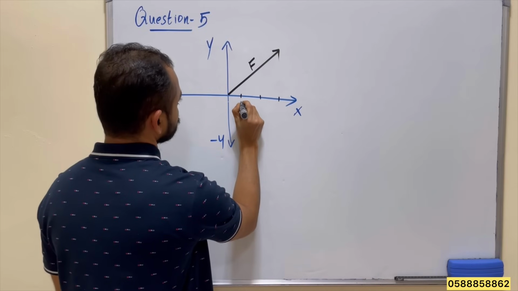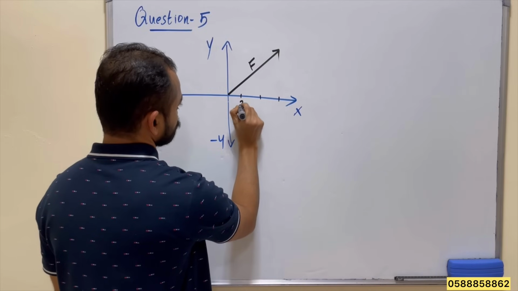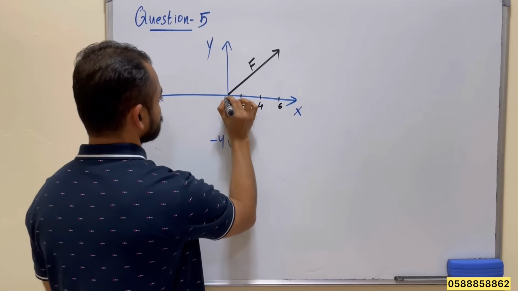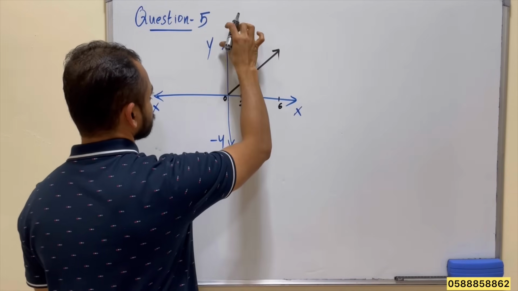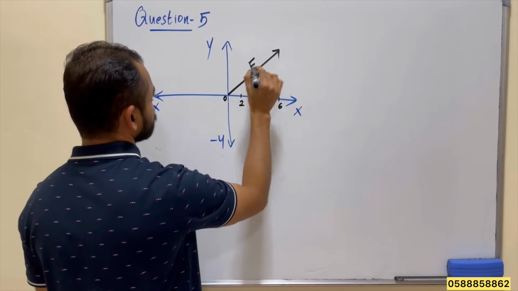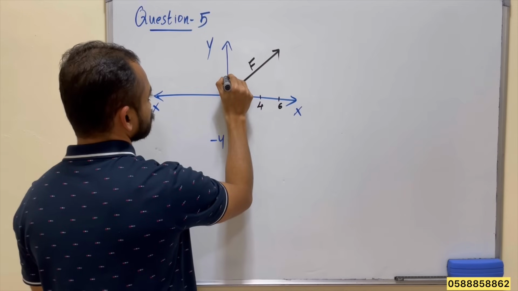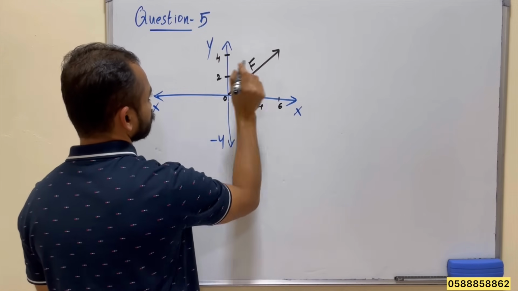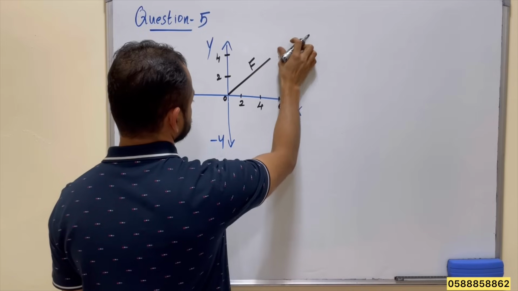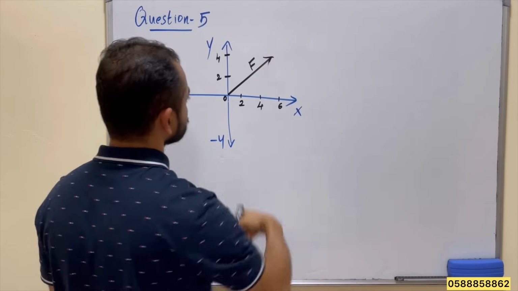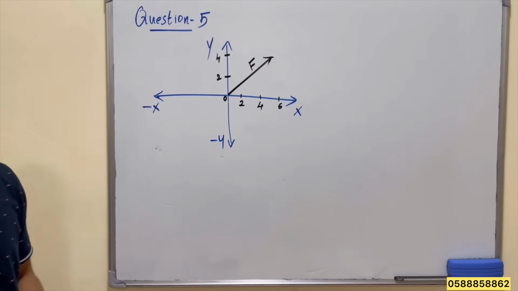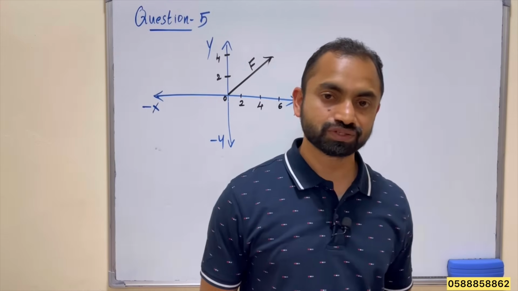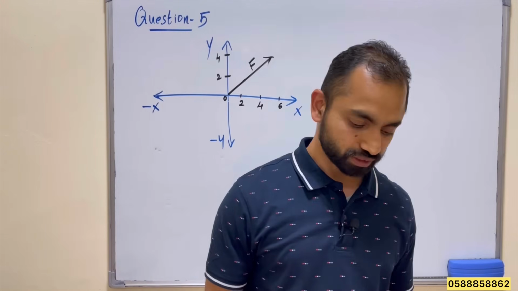For example, this is 2, 4, 6, just like that, 0 here. And this is our y direction. We have 2, 4, like this. So every vector we can divide into x component and y component.